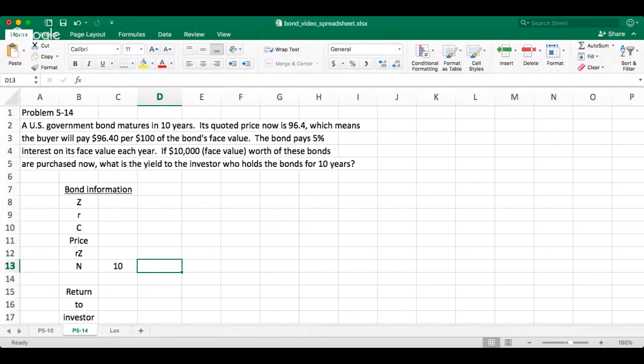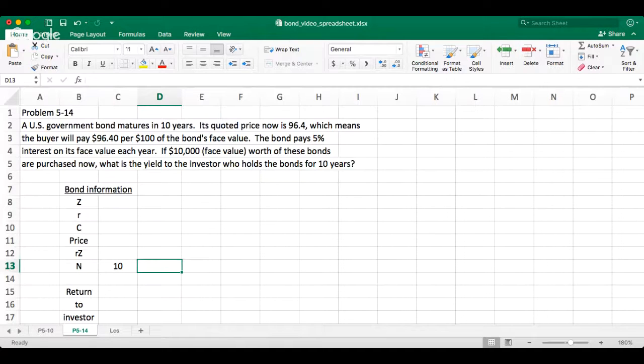Its quoted price now is 96.4, which means the buyer will pay $96.40 per $100 of the bond's face value. We saw this when I discussed bonds in class briefly, and we looked at some of the data on bonds from the Wall Street Journal.